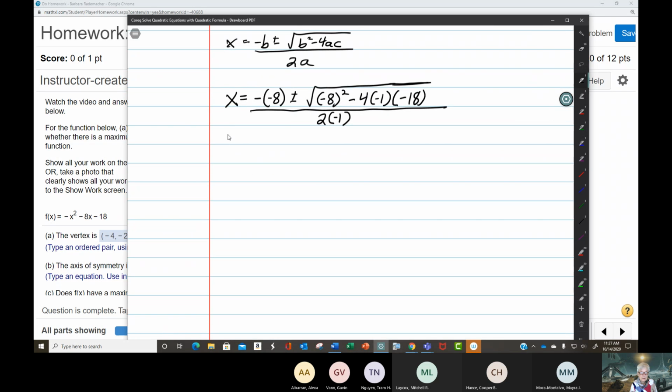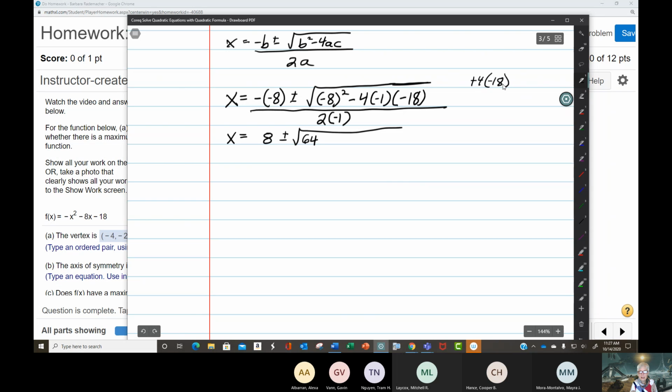Okay, X equals positive 8 plus or minus the square root of 64. Negative 4 times negative 1 is going to be plus 4 times negative 18.